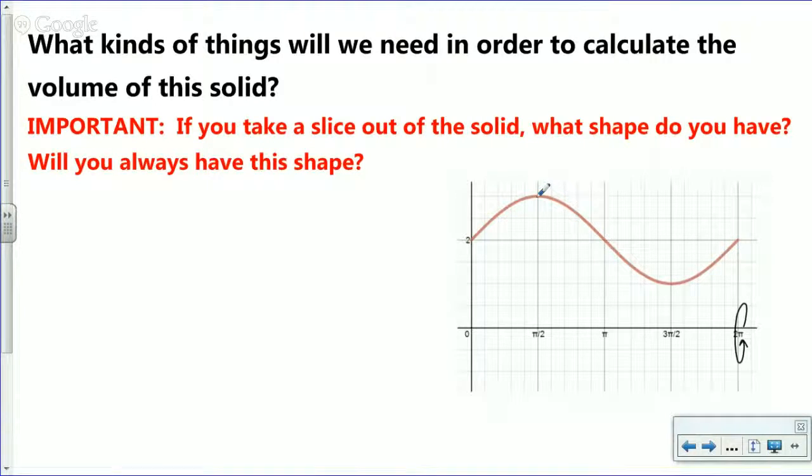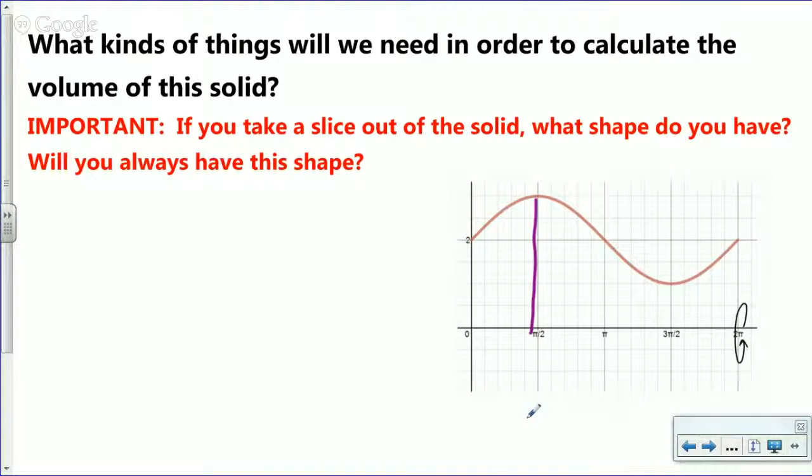Right, if I have this radius here, oh, let's try this again. Take one representative radius. All right, if I take this radius here, then rotate it about the x-axis, I'm going to get that slice out of this vase-looking object.